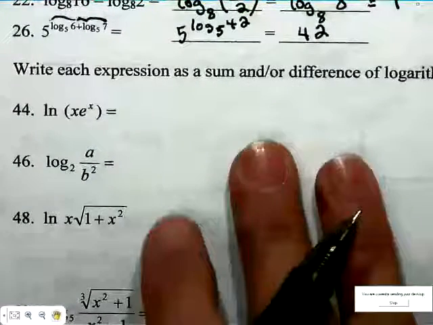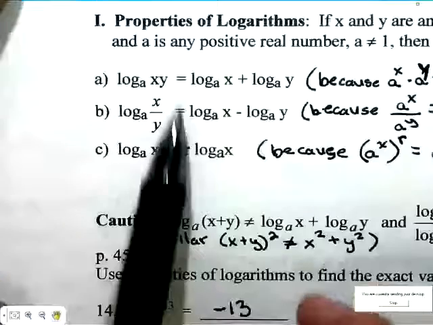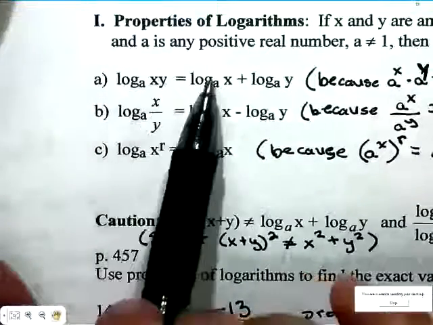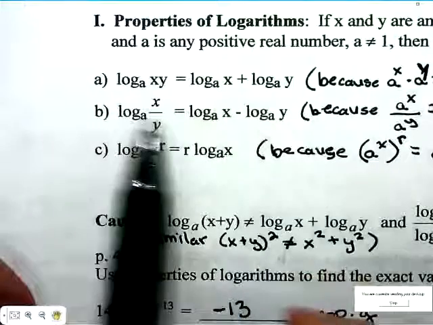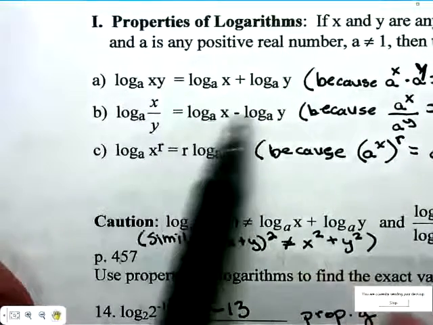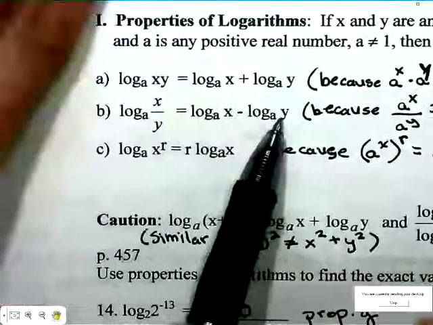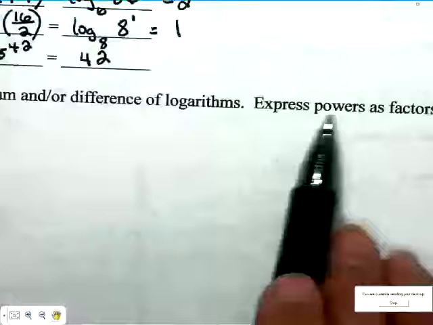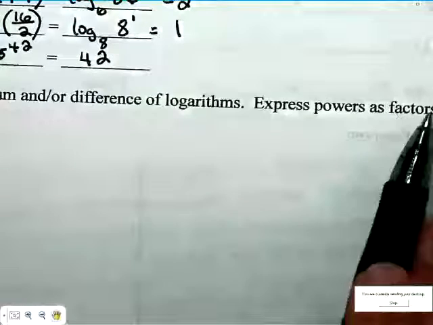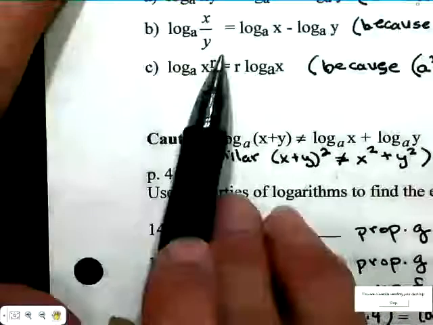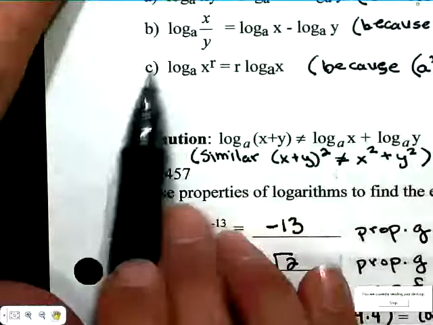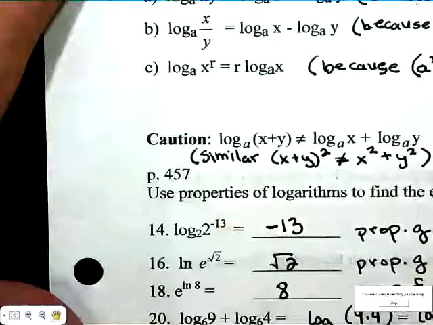If I have the log of a product, two things multiplied together, I'm going to take it apart as the sum of two logs. If I have the log of a quotient, I'm going to take it apart as the difference of two logs. And this last sentence, express powers as factors, means if you have log of something to an exponent, bring the exponent out front and multiply it by the log.